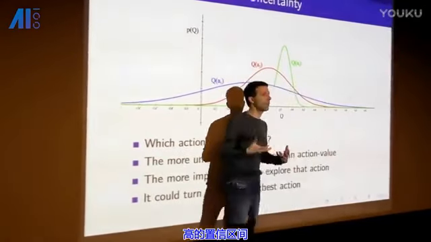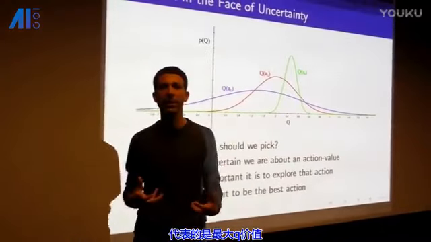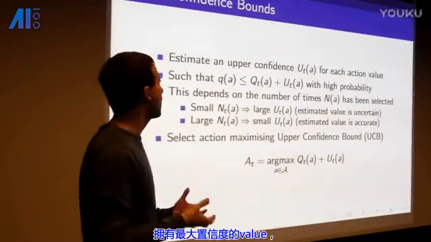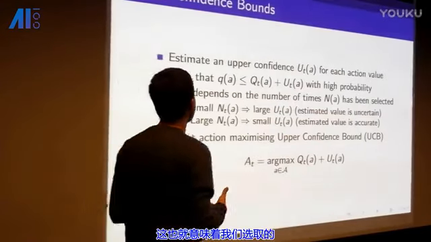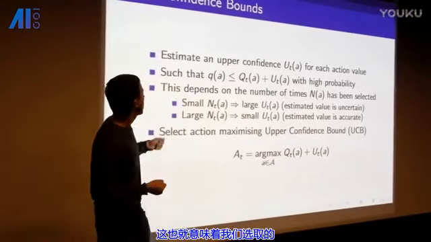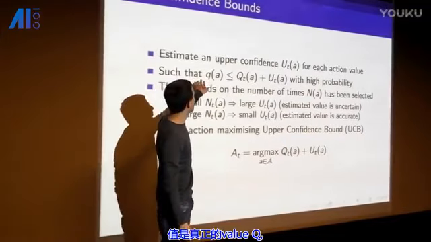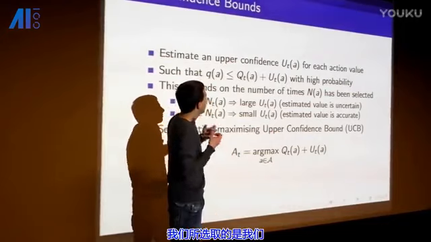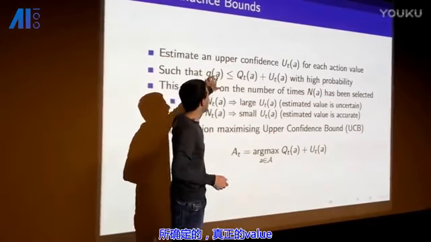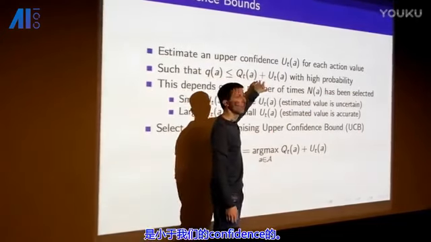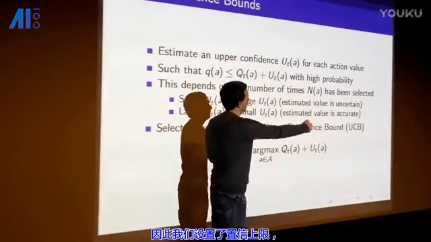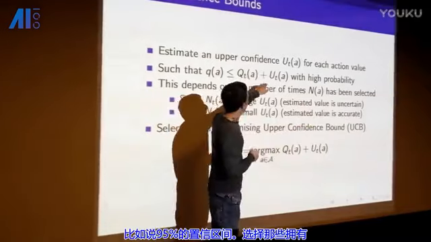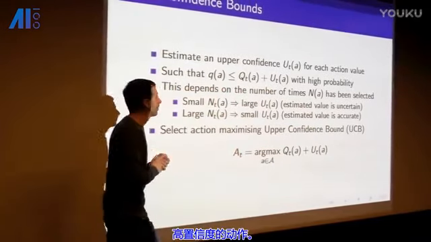So think of them as high probability confidence intervals on what our Q value could possibly be. We're going to pick the thing with the highest upper confidence value. That basically means we want to pick something where we're really confident that the true action value, Q(a), is less than our upper confidence bound. So we pick an upper confidence bound, this 95% confidence range, and pick the thing with the highest upper confidence value.